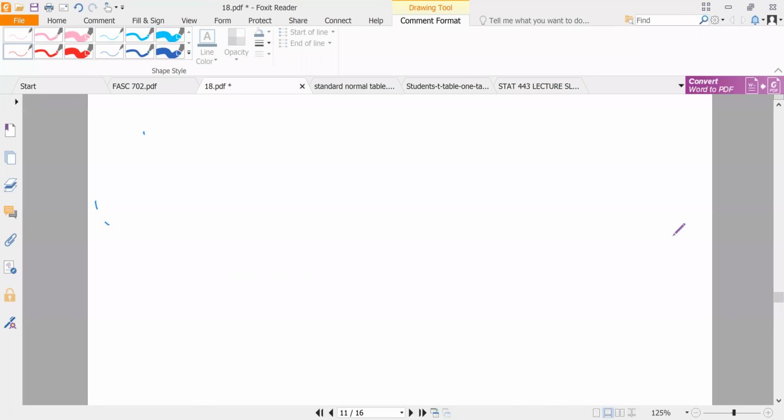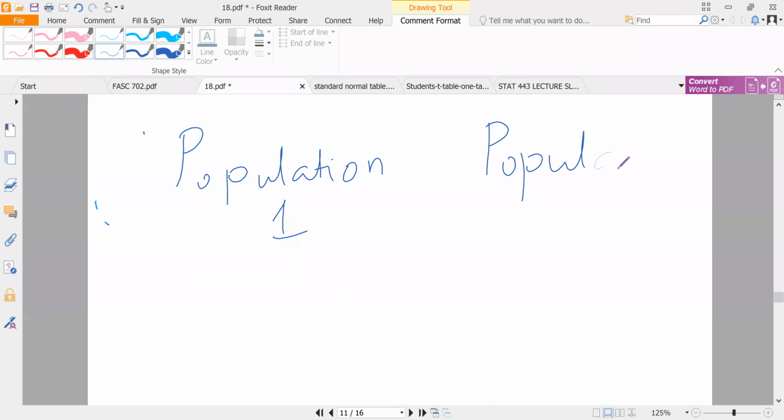So when we are talking about inference for two populations, we have population 1 and population 2. We are interested in trying to see if these two populations are similar with respect to a particular population parameter.